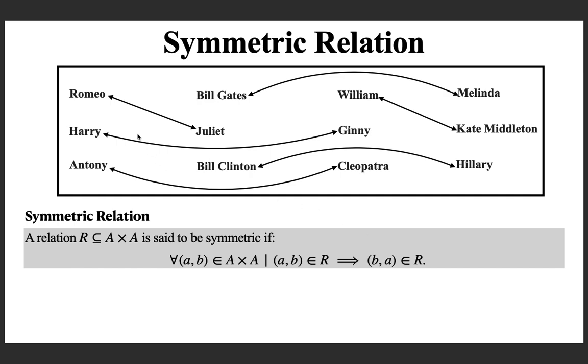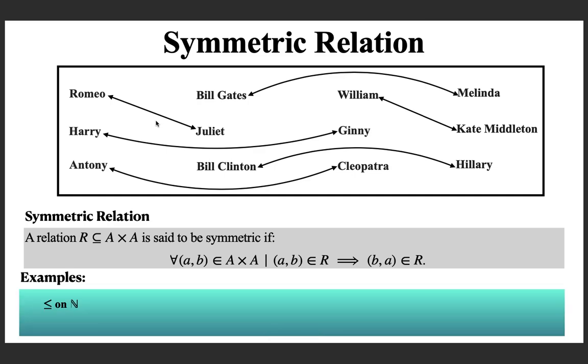If Romeo is related to Juliet by spouse, then Juliet must be related to Romeo by spouse relation. You will not have the situation where Romeo is the spouse of Juliet, but Juliet is having some other spouse. That is not the case. So this is an example, and these kinds of relations where whenever A is related to B, we have B related to A, are symmetric.